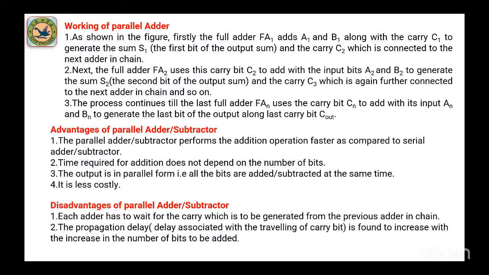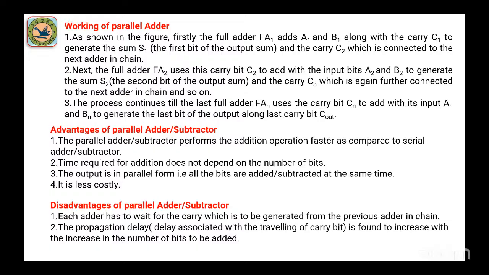The other full adder uses this carry bit and adds it with the inputs A2 and B2 to generate another sum. The process continues till the last full adder, using the carry bits.